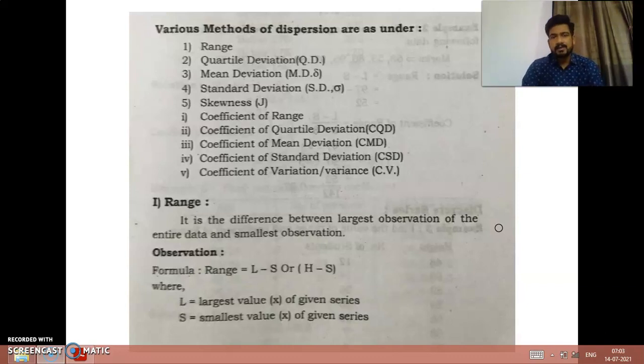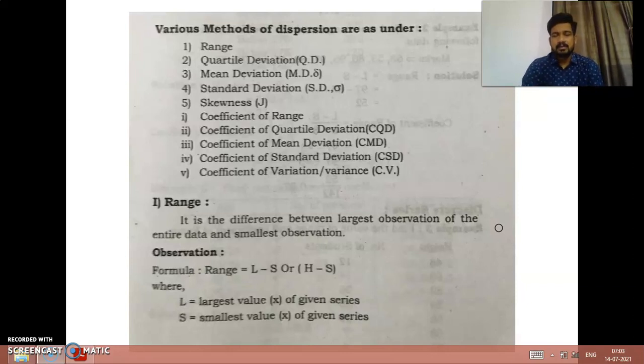As we know, range is actually the distance between a starting point and the end point. For example, if you want to say what is the distance between Varda and Nagpur, then you will have a range with the starting point of Varda and the end point in Nagpur.